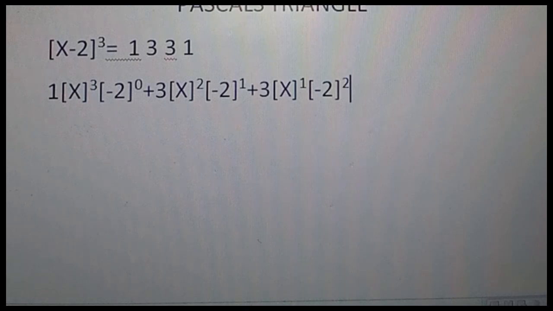And then plus 1 multiplied by x, where the power of x is now 0, multiplied by negative 2, and the negative 2 will be to the power 3.